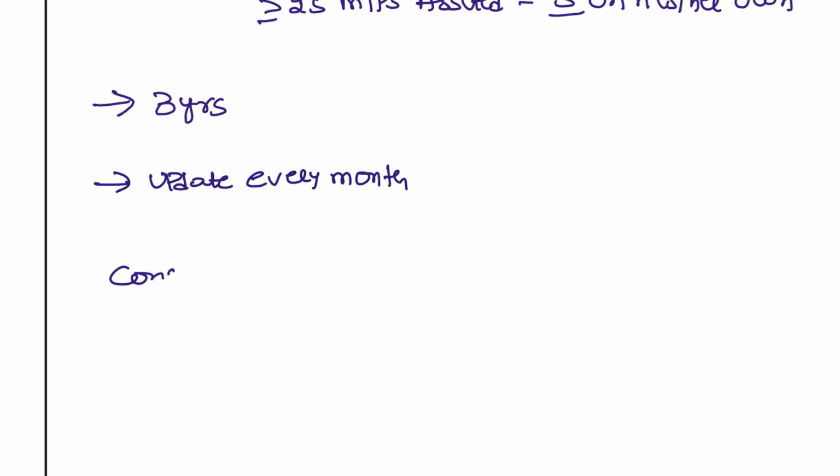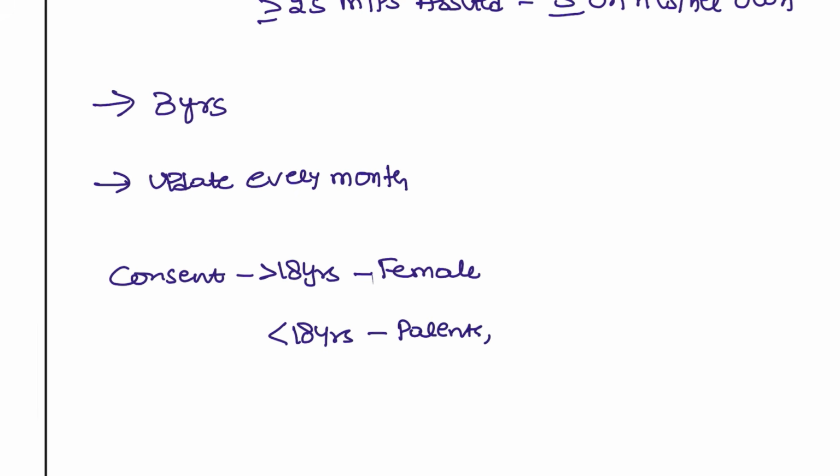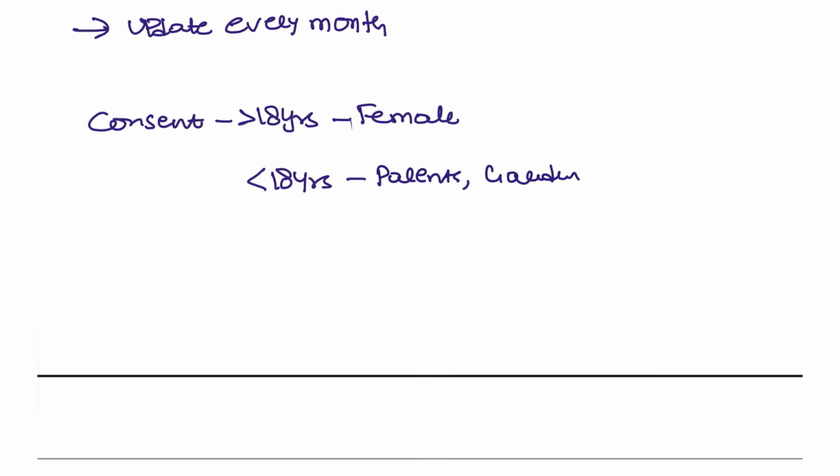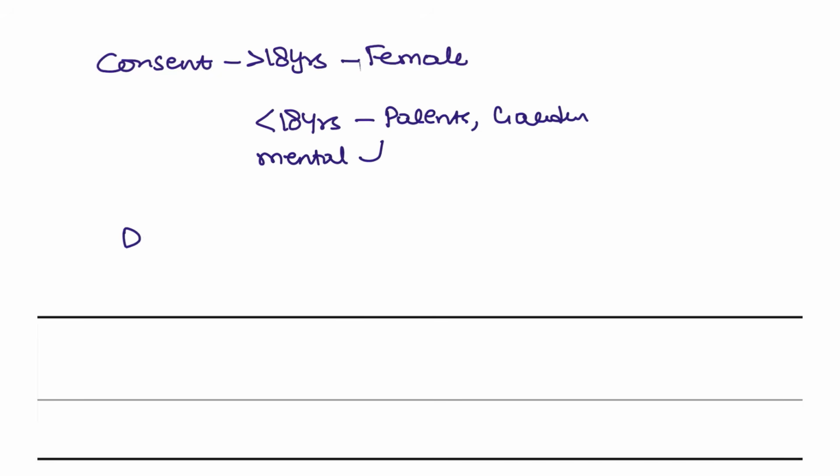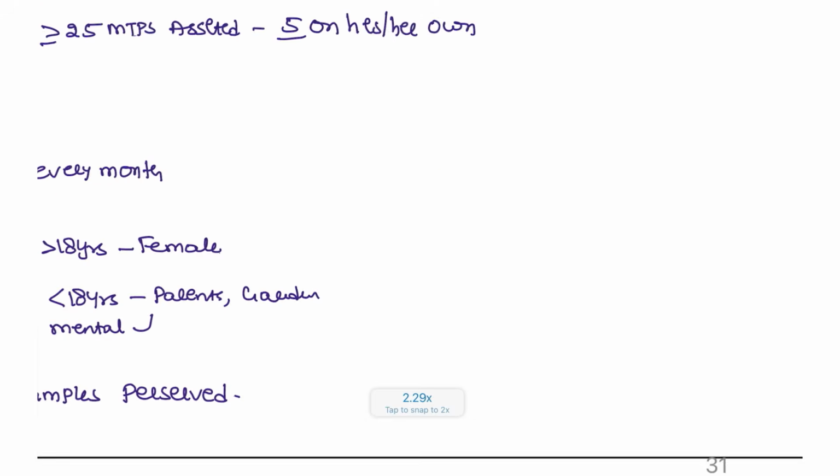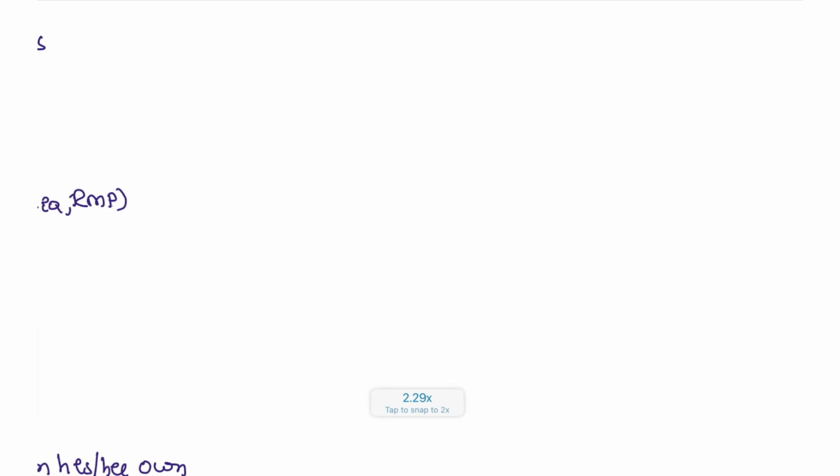And coming to the consent, more than 18 years, the female's consent is fine, but less than 18 years, parents or guardians. If the patient is mentally incapacitated also, then parents and guardians have to give consent, and the DNA samples have to be preserved for this patient. That is how we are going to do it. Okay, next, if the patient is less than 9 weeks, then it is a medical MTP.